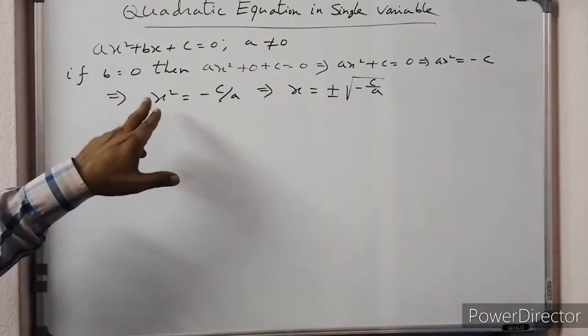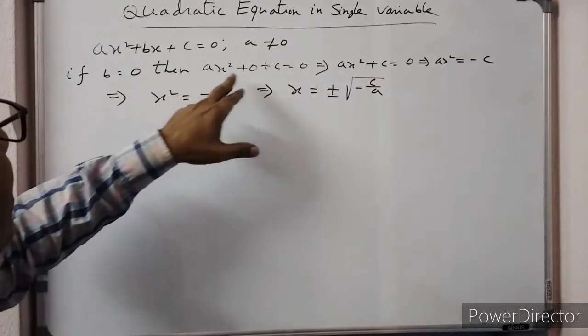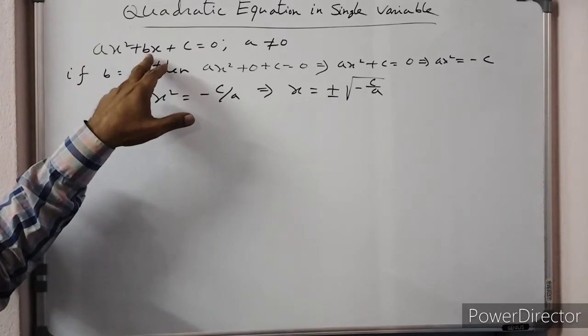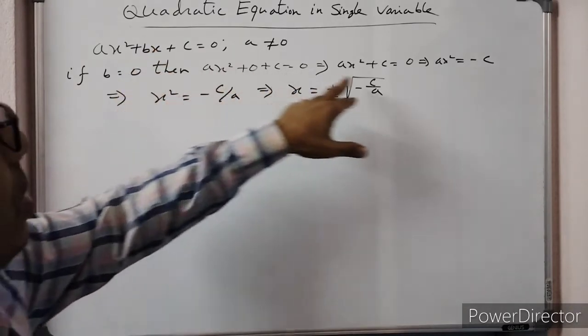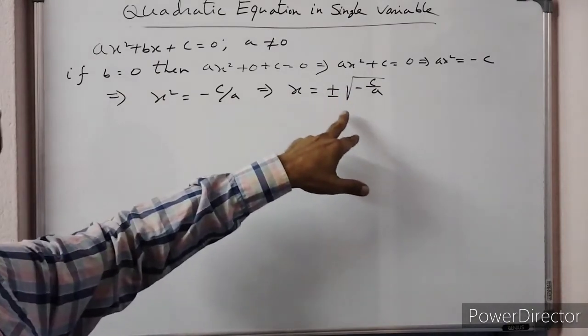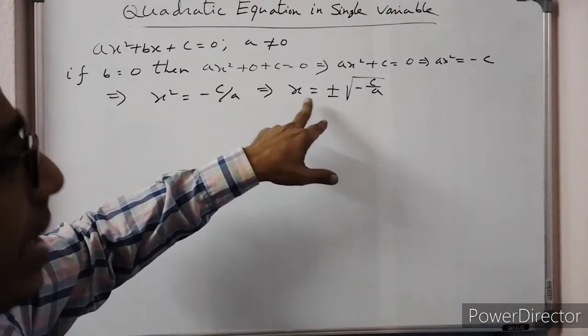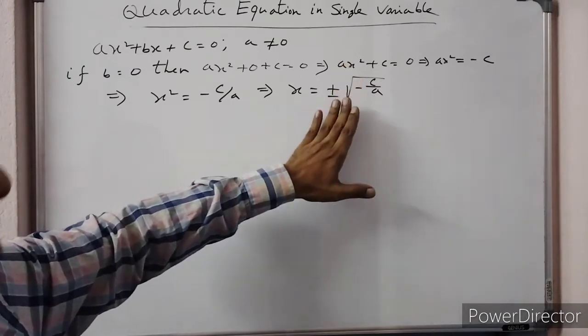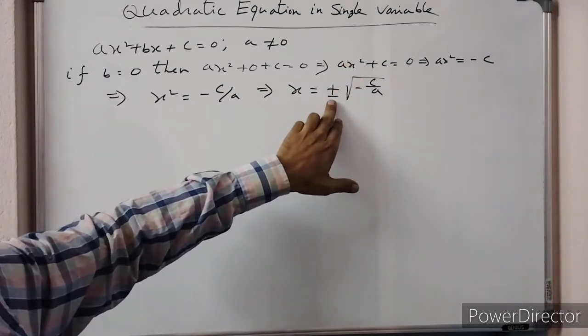So you see, if the coefficient of the middle term, that is x, if the coefficient of x is 0, then the magnitude of the roots of the quadratic equation will be same but in opposite sign.